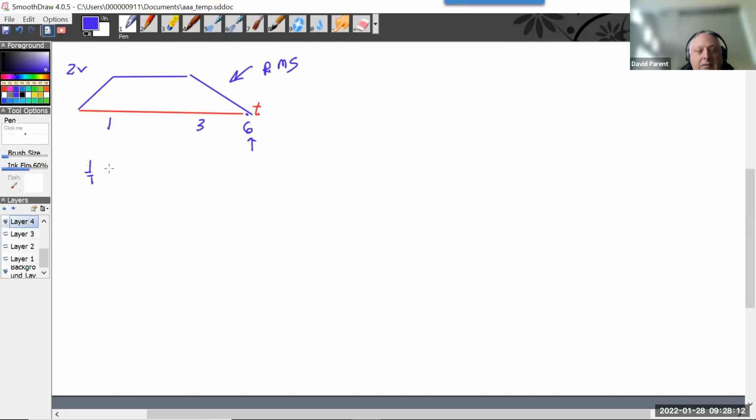But still, I tend to leave it there in variable form as long as I can. All right, but now in this case, we've got 3 options. Region 1, 2, and 3.